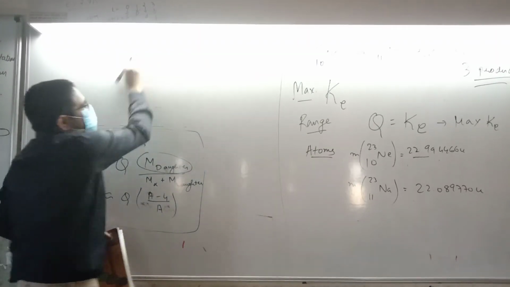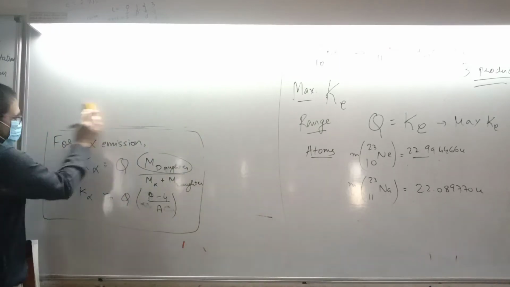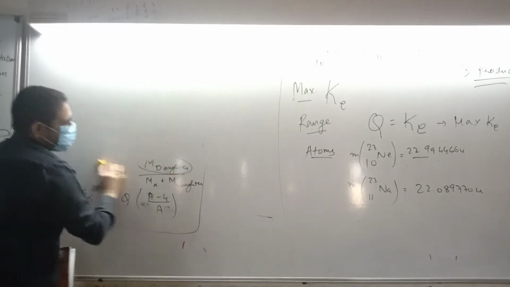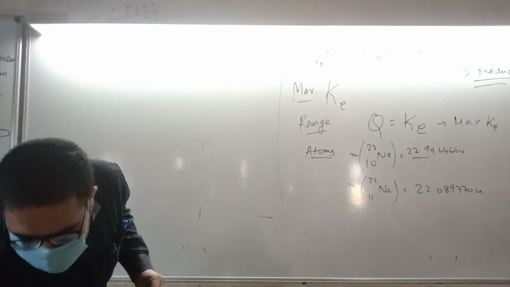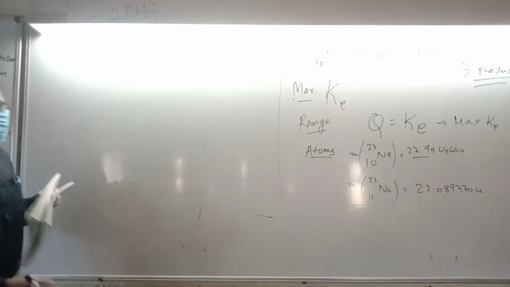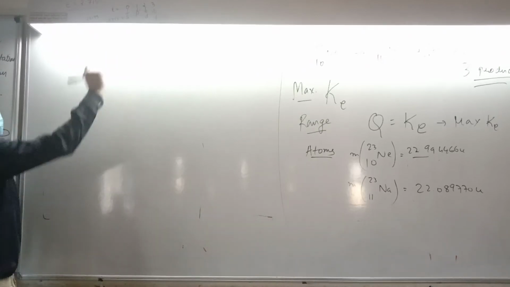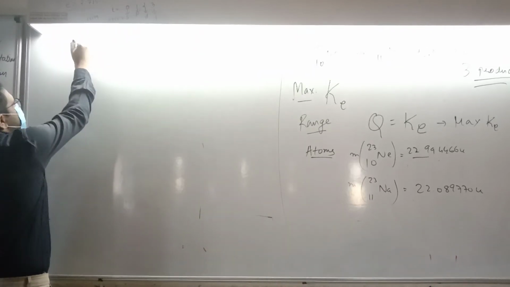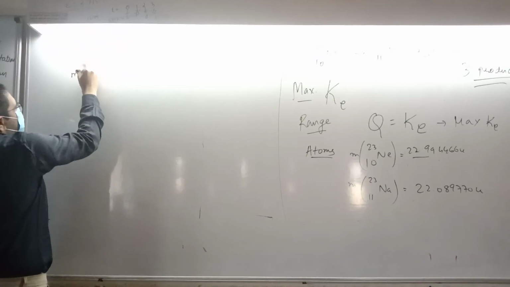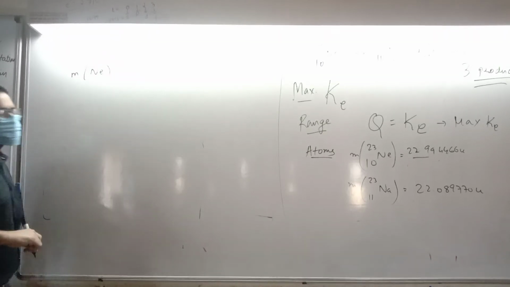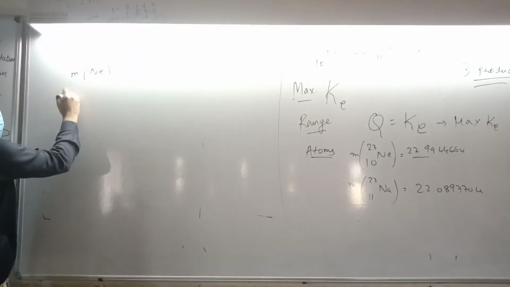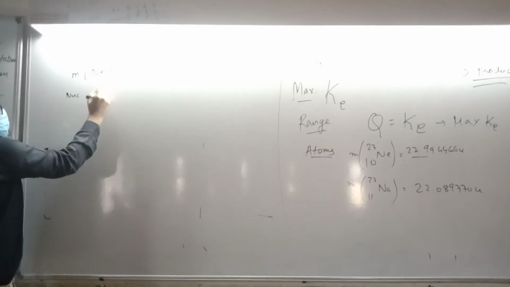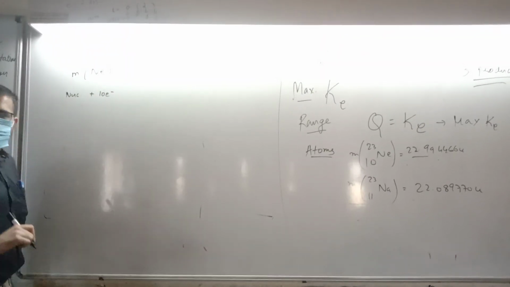I remember last year there was a lot of struggle explaining what's going on. Hopefully it will be easy this time. So if you think of that reaction, when you write M of Ne, on the reactant side you have already considered mass of nucleus and 10 electrons, correct?